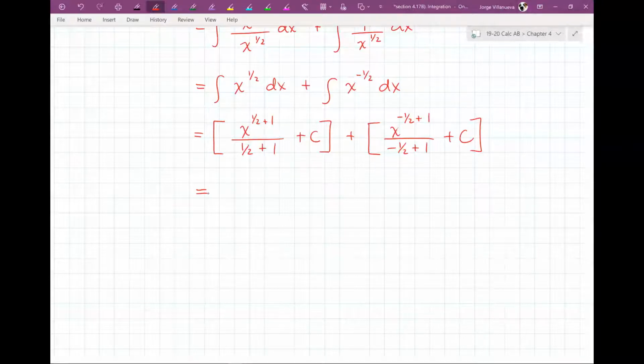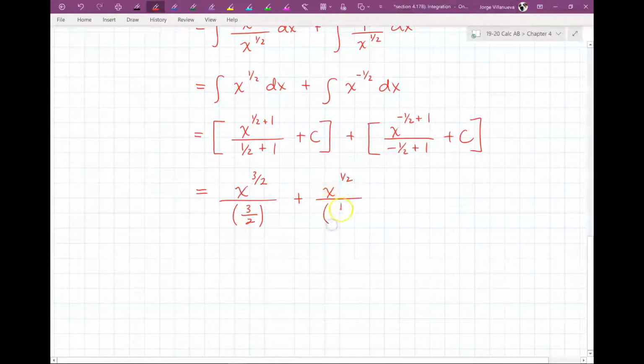So half plus 1, that's 3 halves. So it's x to the 3 halves over 3 halves plus negative half plus 1, that's a half, so x to the 1 half over 1 half plus c. Now remember, whenever you're dividing by a fraction, it's the same as multiplying by its reciprocal, right?